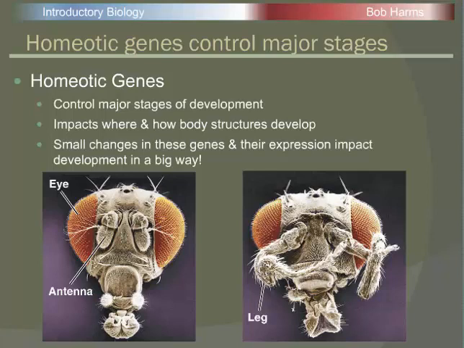It seems like a really big genetic difference, but in reality it's one simple mutation: one switch of that homeotic gene results in the wrong proteins being built in the wrong place, so whole legs develop instead of antenna. So our master control developmental genes are these homeotic genes.